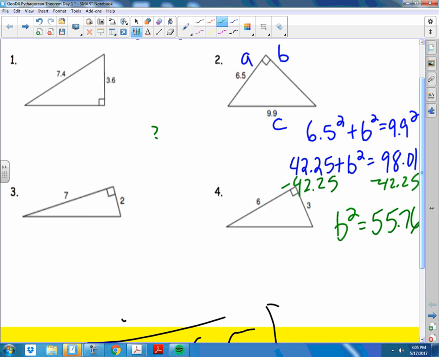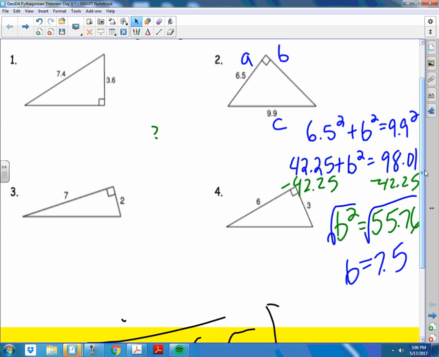And what is always the last step? Square root. Second root 6.476 equals 7.5. B equals 7.5. Good to go?